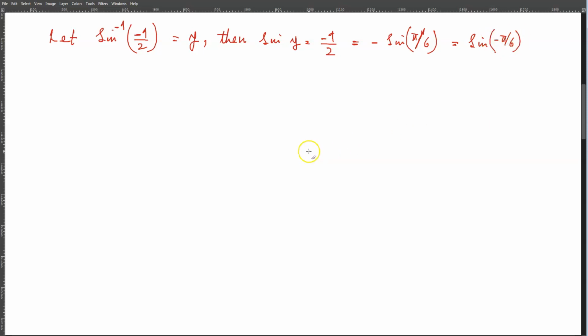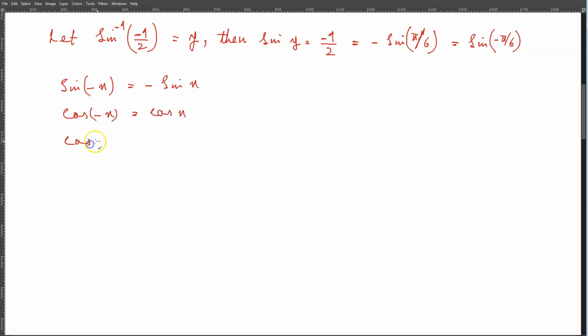Because we have actually argued before that if we knew this from the very beginning, we wouldn't have to go through the whole business of the unit circle. But we said that the sine of negative x is equal to negative sine x. The cos of negative x is equal to cos x.